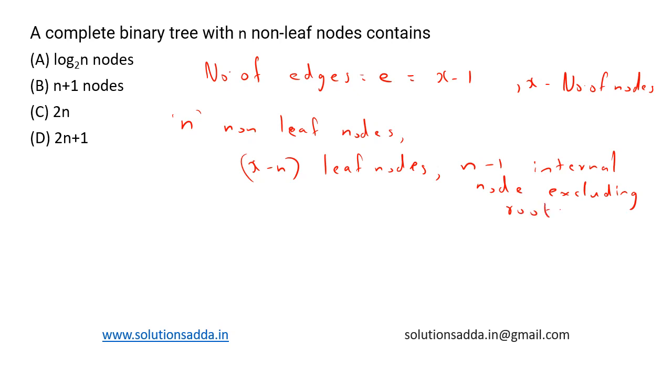So equating to the sum of degrees, here leaf has degree 1, internal node except root has a degree 3, root has a degree 2.